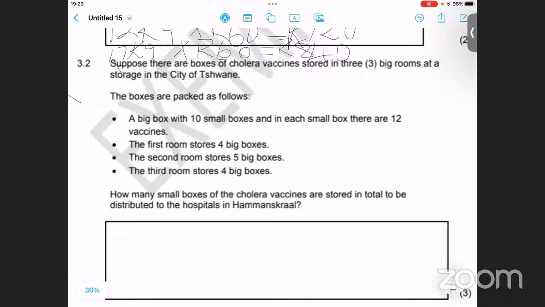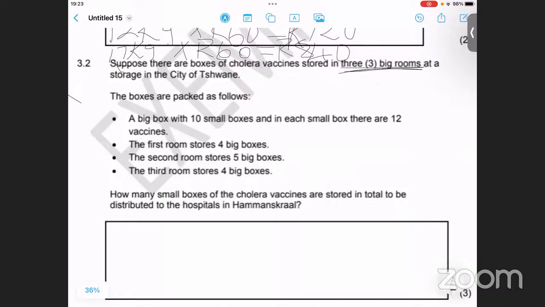3.2. So 3.2 says, suppose there are boxes of cholera vaccines stored in 3 big rooms at a storage in the city of Tshwane. 3 big rooms.